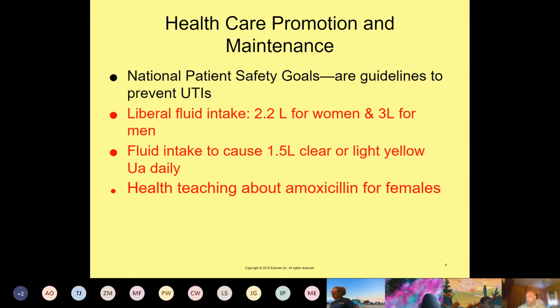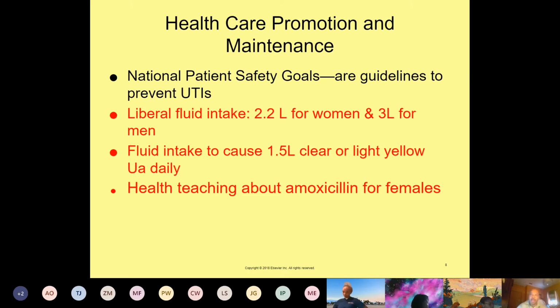Take a look also at page 1357, chart 66-8, for ways to educate your patients in methods of decreasing UTIs. For example, drink fluids liberally, as much as 2 to 3 liters daily, if not contraindicated by health conditions.